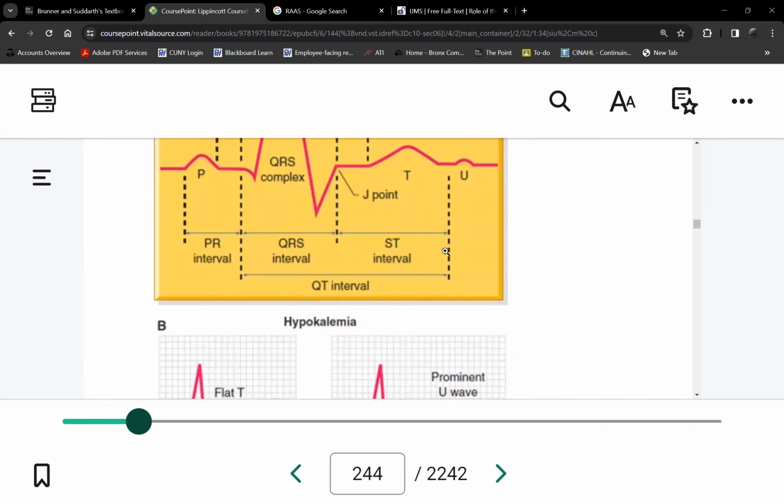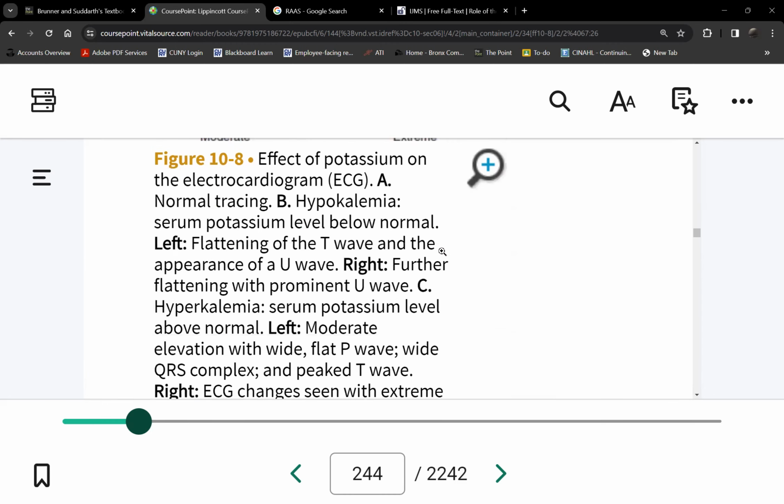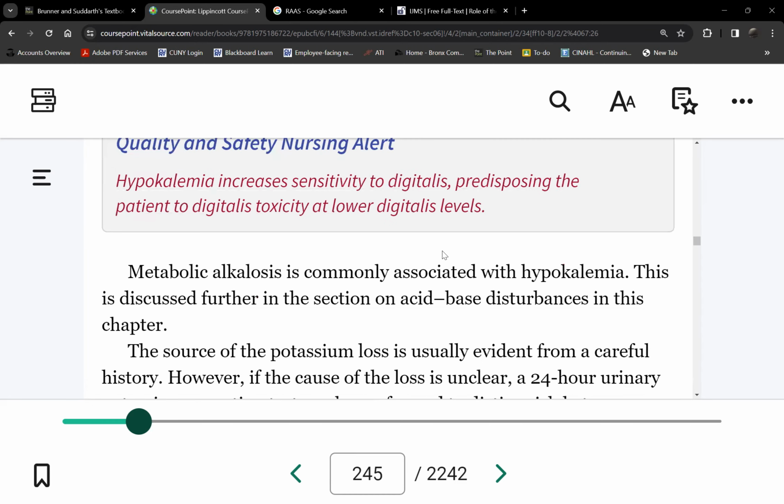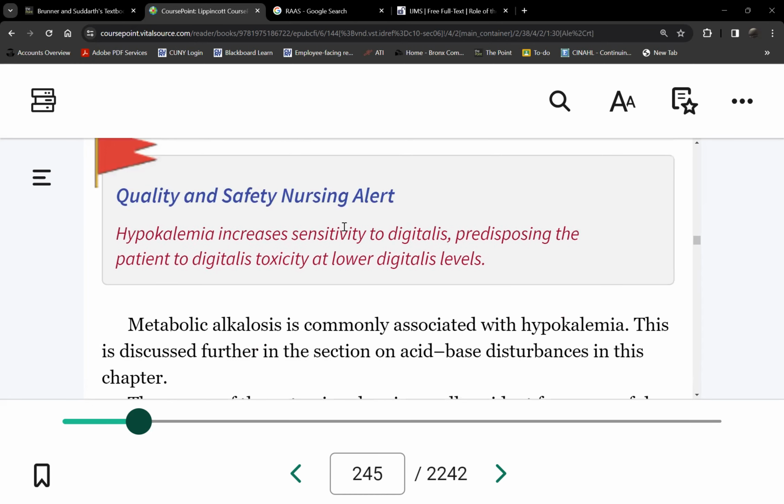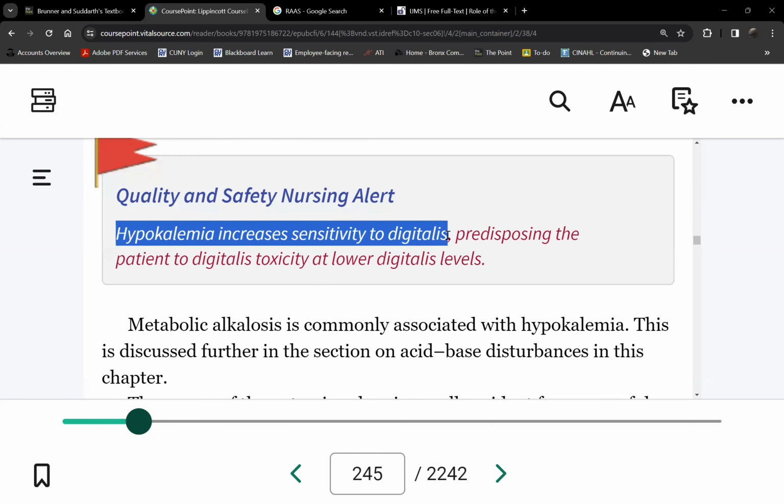So we'll skip again the ECG changes for now. Here's a warning. This will be in relation to heart failure, which we'll discuss next week. Now, patients with hypokalemia and they're taking digoxin. Now, the drug digoxin or digitalis enters the cardiac cells via the sodium-potassium pump.